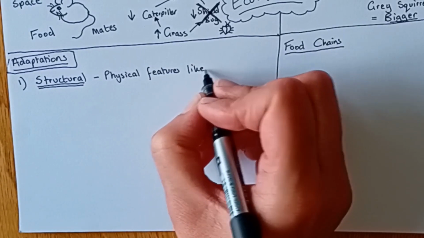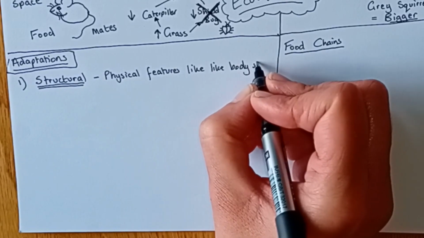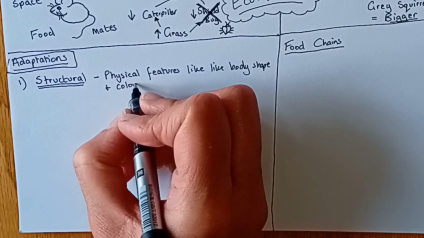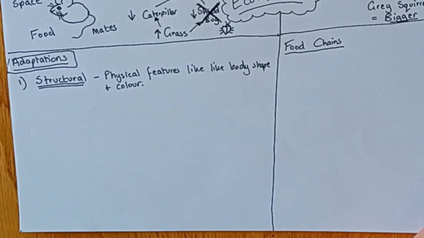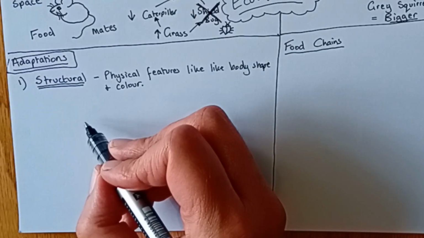Like body shape and colour. So you'd have done, in Key Stage 3, polar bears and camels as examples of structural adaptation. Today, I'm going to draw a whale. The only reason I'm drawing a whale is because it's a bit easier.